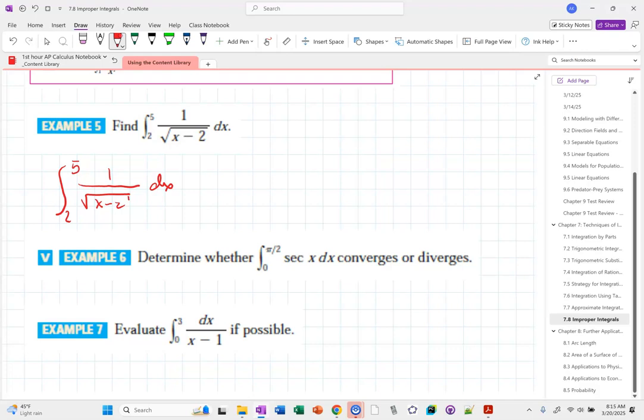Now, there's nothing on 5 that makes it look like it's going to be an improper integral at first glance, right? Because the bounds are just 2 and 5. But what do you notice, Lucas? I mean, vertical asymptote at 2, right? Because if I plug 2 into the denominator of that function, you have a 0 denominator. You guys catch that? So we're definitely going to have to replace that 2.